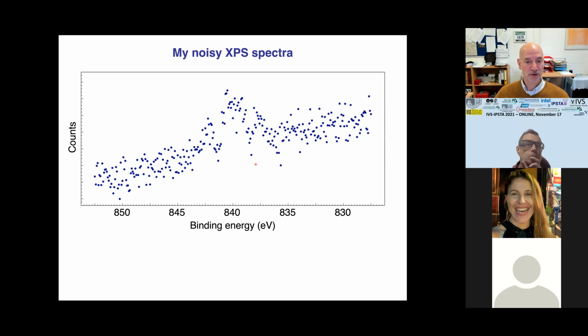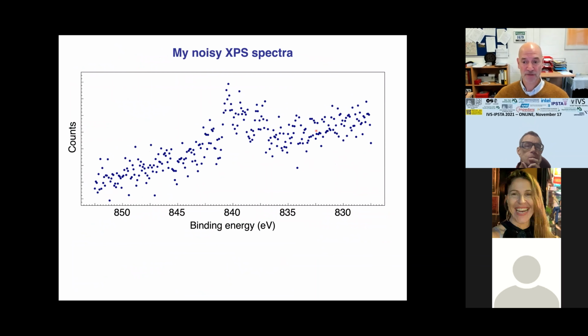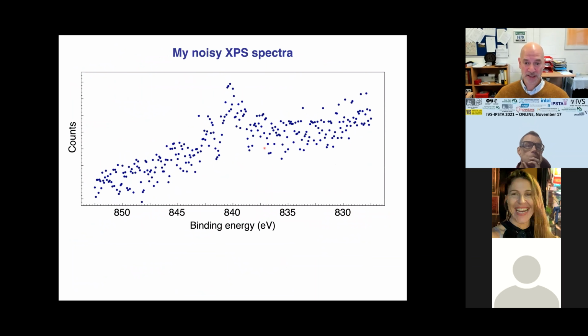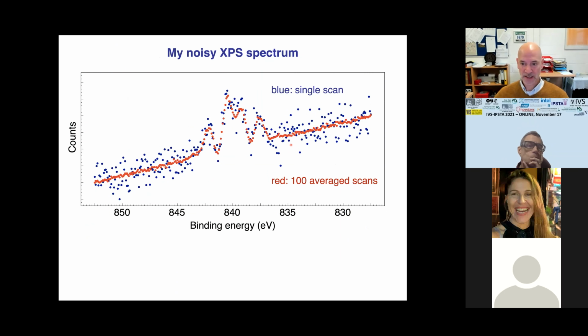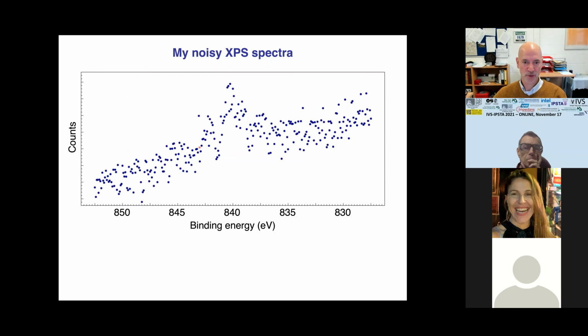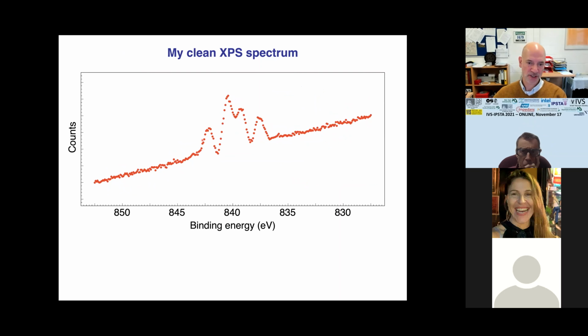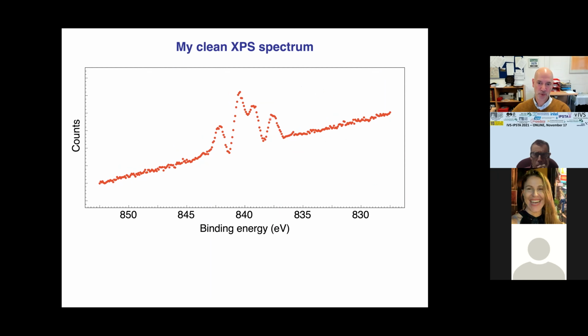We can do this, of course, multiple times. So I'm going to average 100 XPS spectra now, and the result that we get is a really clean averaged scan. We go from the blue one here, where you can barely see anything, to the red one, where you can see very clearly there are even multiple peaks.